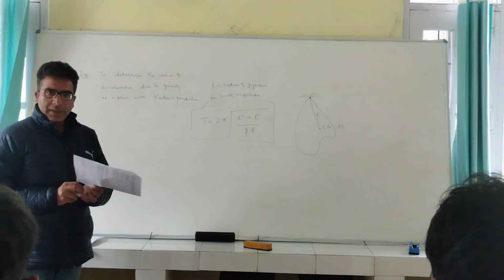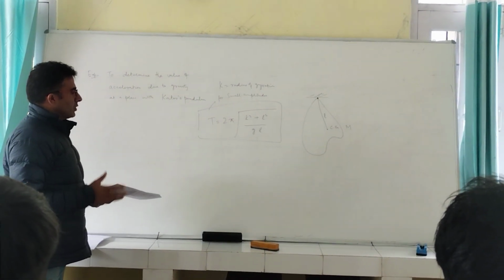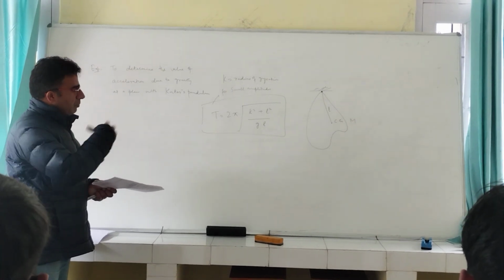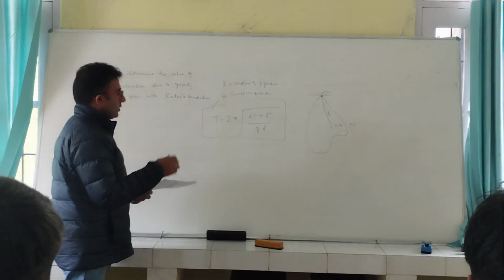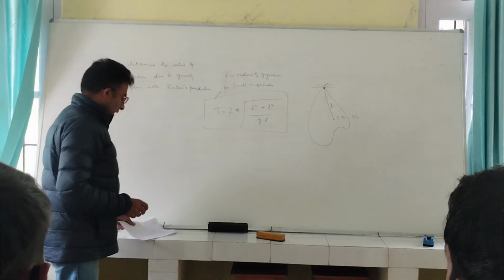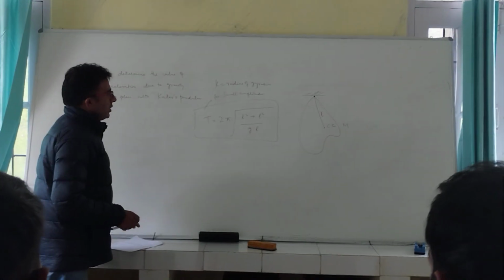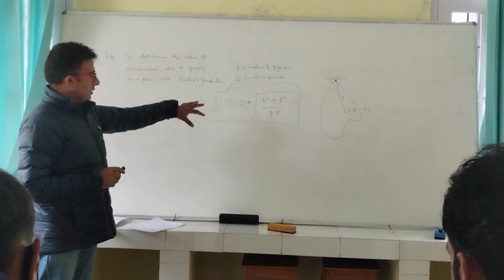We used the approximation for small amplitudes because we made this pendulum a simple harmonic oscillator by taking small amplitudes. Now, in the last experiment, we found acceleration due to gravity, and the basis of the formula was this.